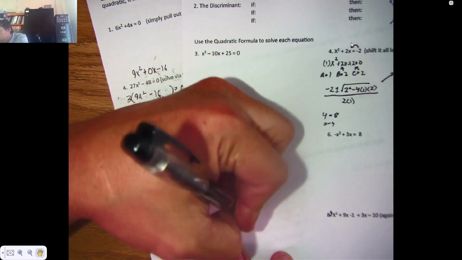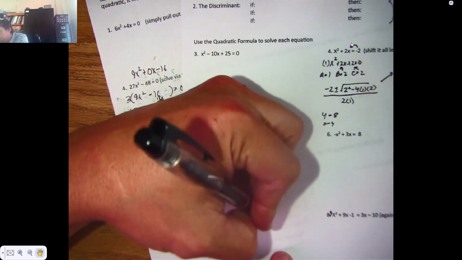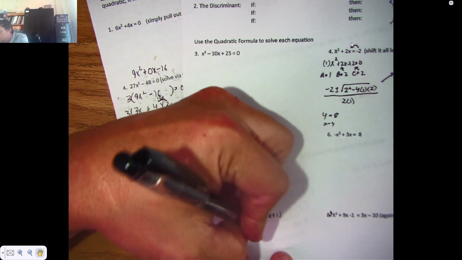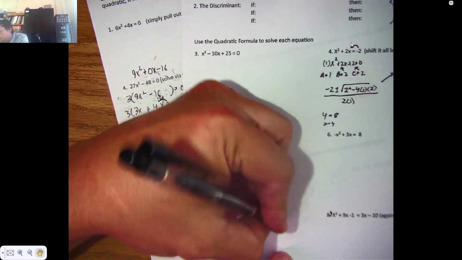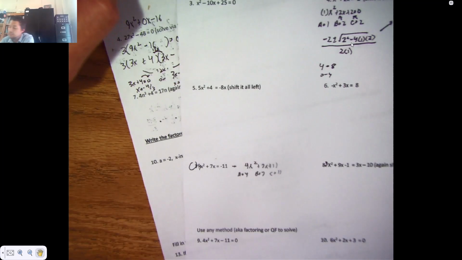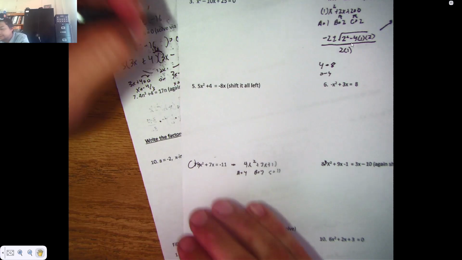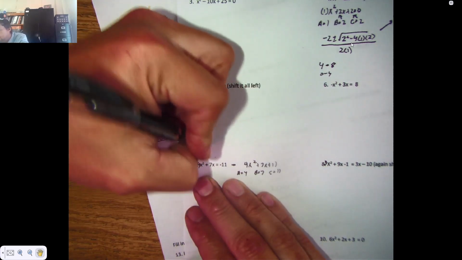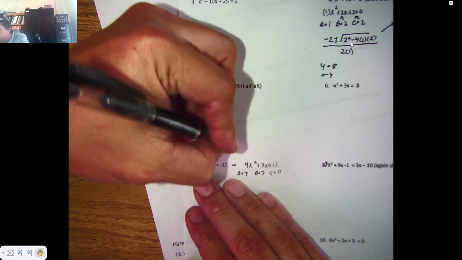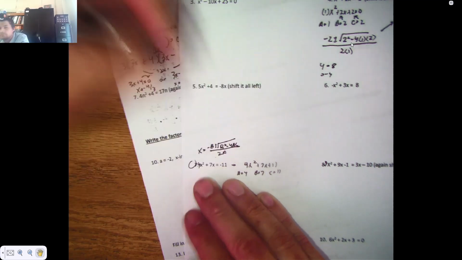That's a 4. So again, I shift left: 4x squared plus 7x plus 11. A is 4, B is 7, C is 11. And I just plug into the quadratic formula. Again, I'm going to sing it for you. It's x equals negative b plus or minus square root b squared minus 4ac all over 2a.